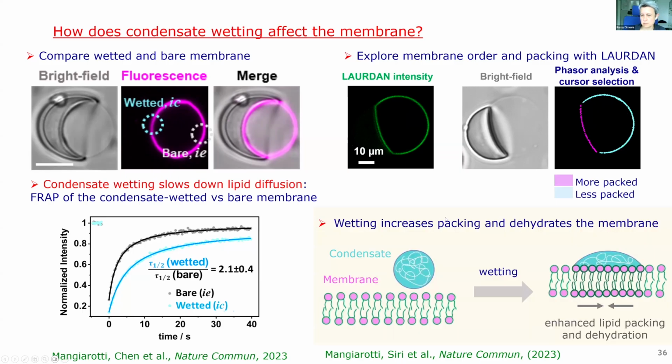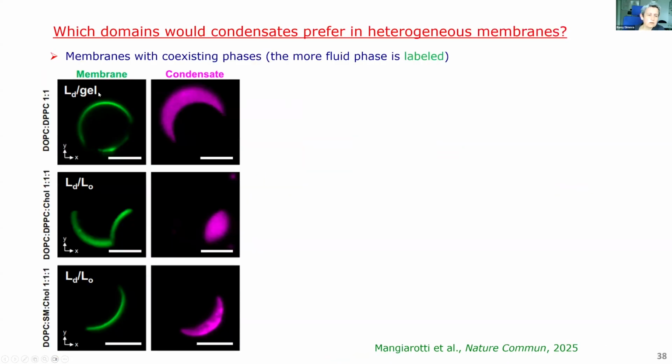And this is simply illustrated here with this cartoon. So when the condensate sticks to the membrane, it practically decreases the area per molecule, so enhances the lipid packing and dehydrates the lipids which are in contact with the condensate.